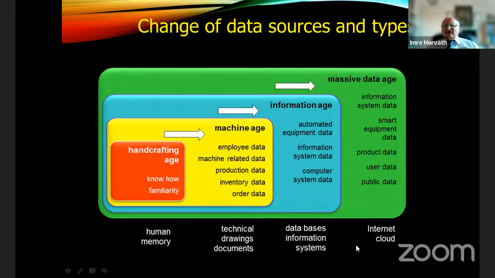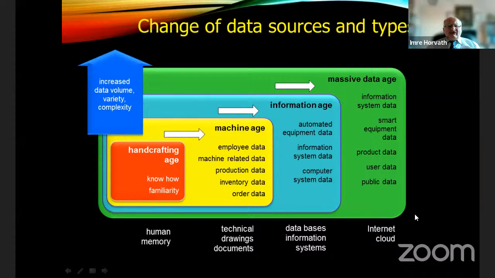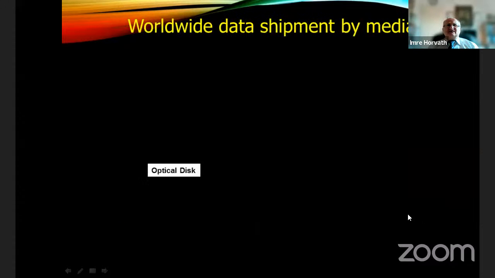And we definitely go towards a massive data age, when the internet and cloud provide facilities for even larger scale information system data management and even smart data management. So what was found in the field of big data processing, increased data volume, variety, and complexity, will also have impact on massive data management inside our physical systems.